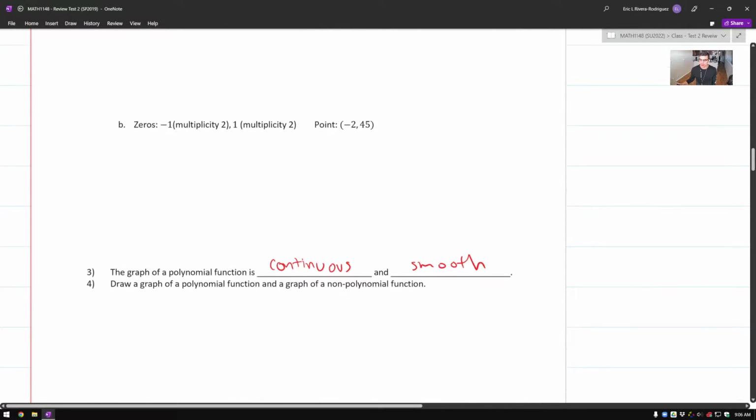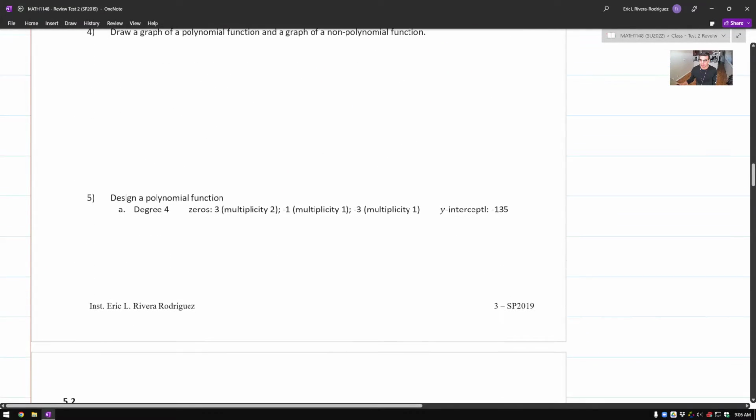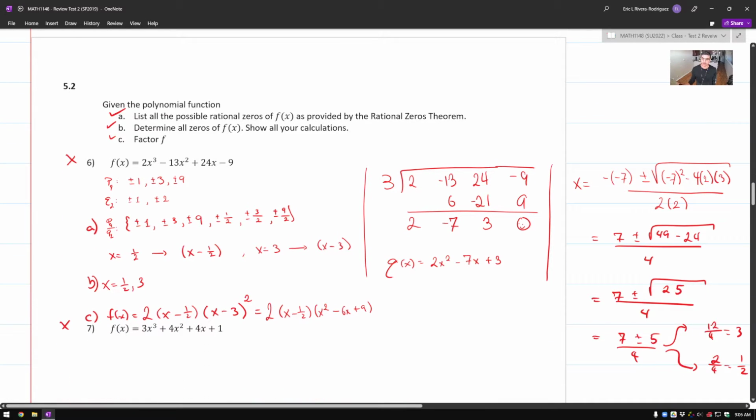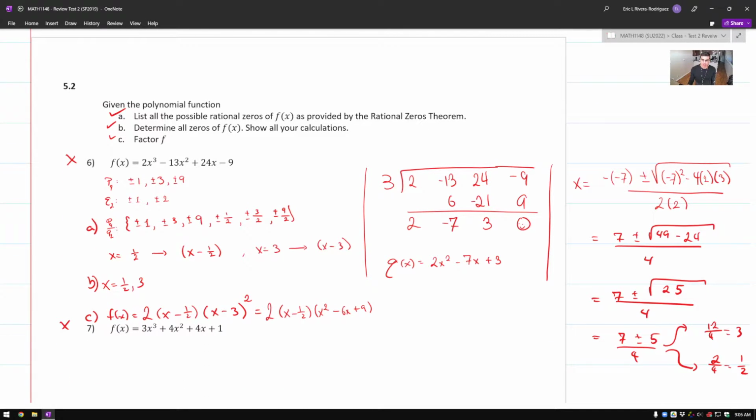And the other one that we are going to focus on is where the exercise gives us a polynomial. That polynomial will have rational zeros. We are not going to work with irrational or complex zeros.